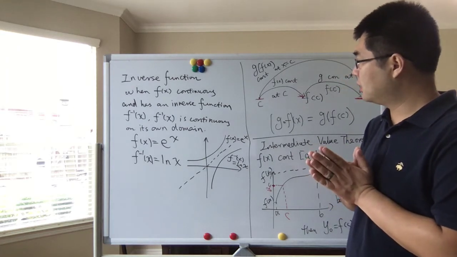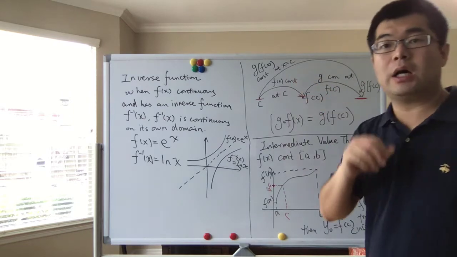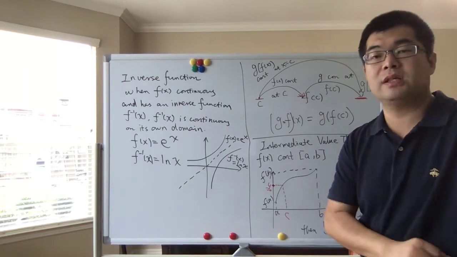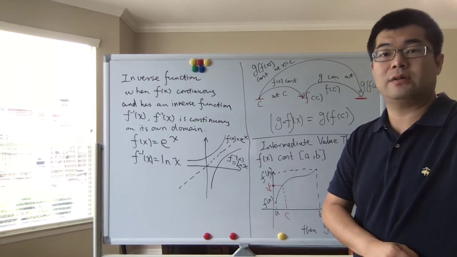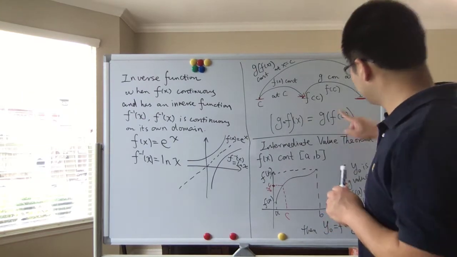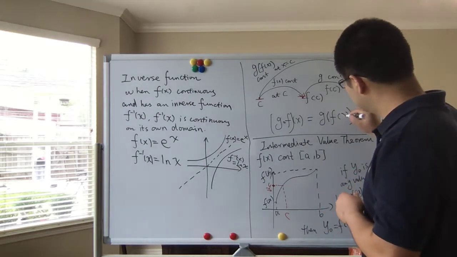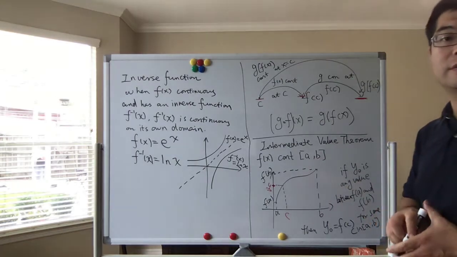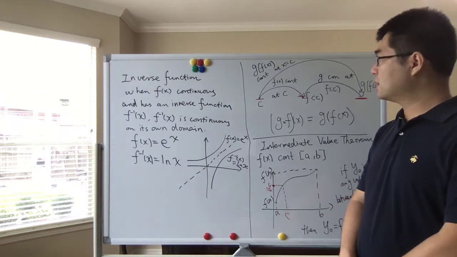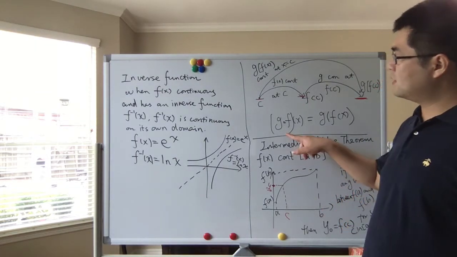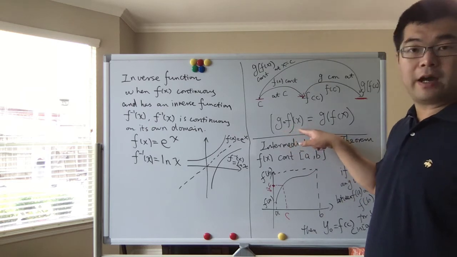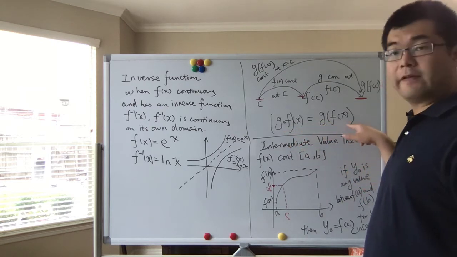Also, this part is called composite function continuity, okay? There's a typo here, and this is called g composite f, okay, or g of f of x.